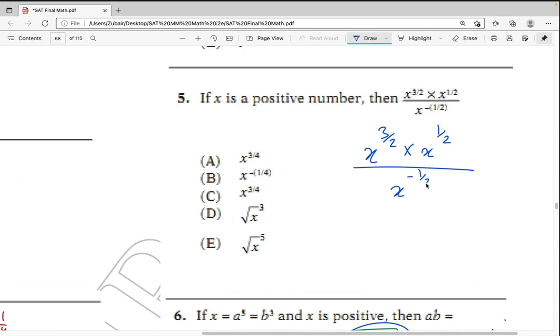So wouldn't it just be x to the power 3 by 4? No.